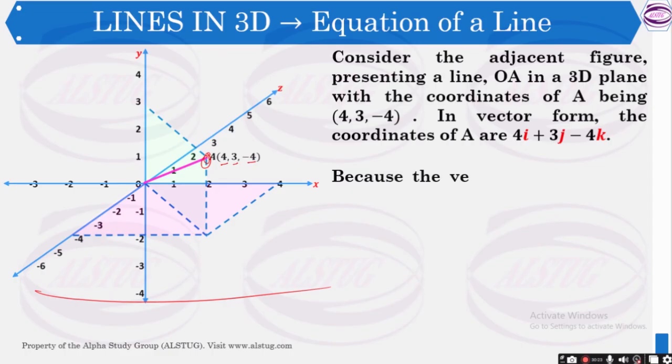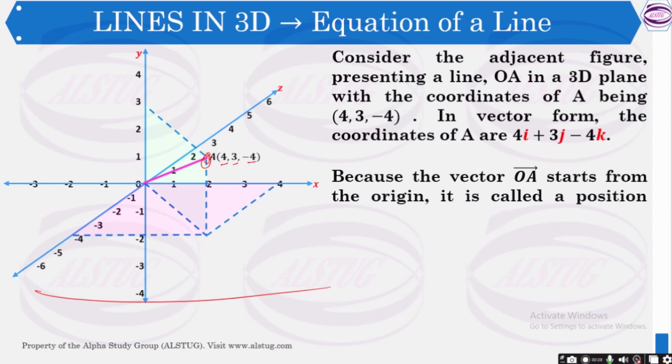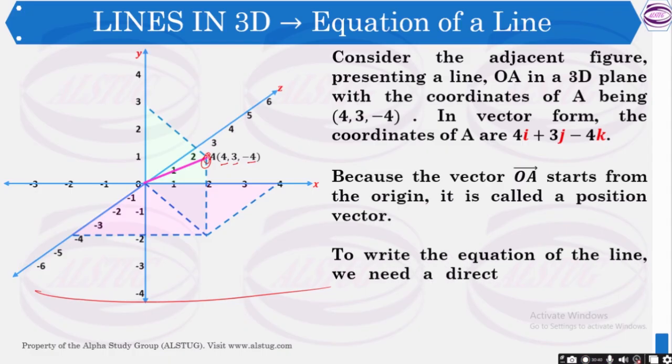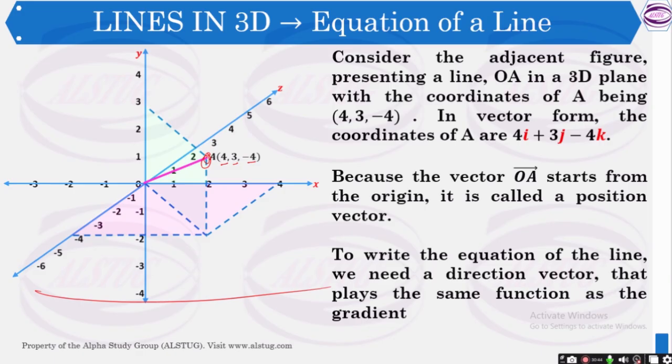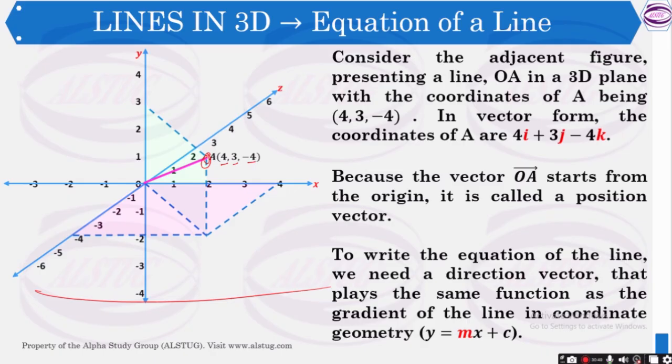Now, because the vector OA starts from the origin, it is called a position vector. Our vector starts from here, moving up to this side. To write the equation of a line, we need a direction vector that plays the same function as the gradient of the line in coordinate geometry. In coordinate geometry, we usually write lines in this form: y equals mx plus c, where m is the gradient.